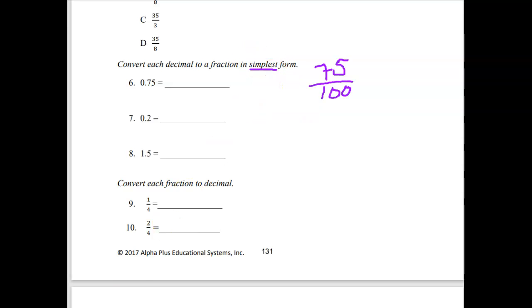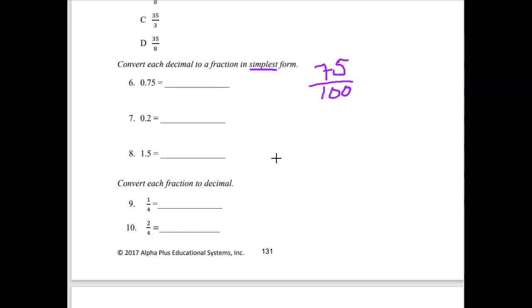So how do we do that? You need to find what number goes into both the top and the bottom equally. So we know 5 will because this ends in 0 and this ends in 5. 5 is a small number and it's going to take us a while to get this down, but you can do it that way if you want. Think of it like money. Think of this like quarters.